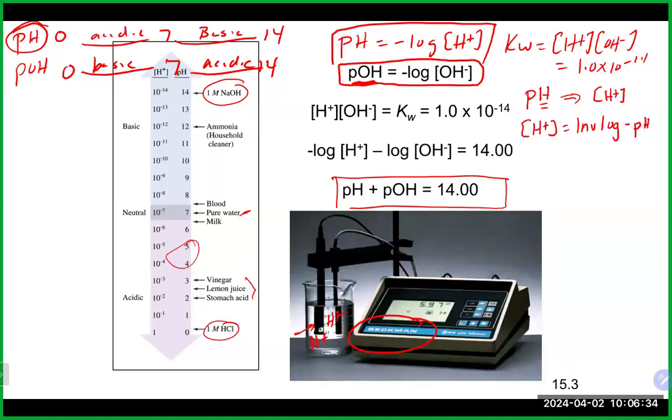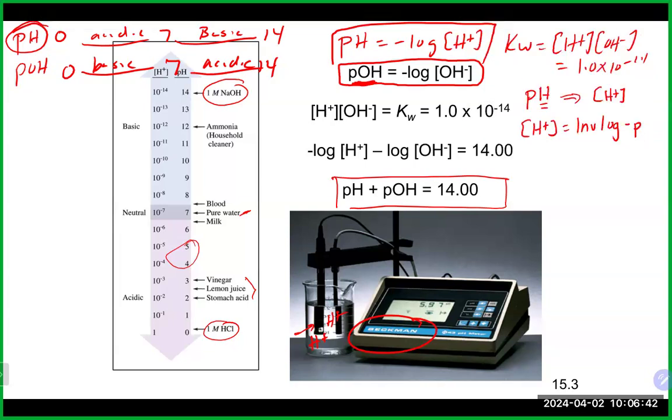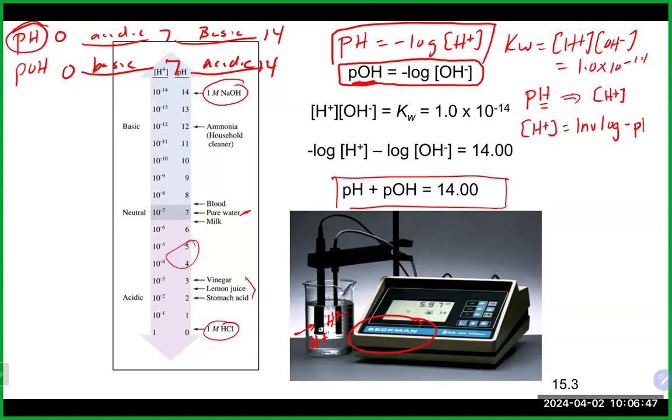I would say on most people's calculators, when you do the inverse log, it typically will put up on your screen a 10 and a caret, which is how a lot of people incorrectly write scientific notation. So usually when you do that inverse log, that will be what it looks like on your screen.